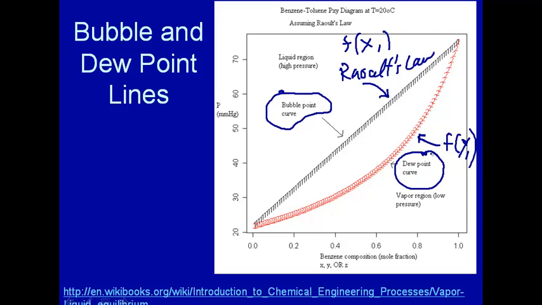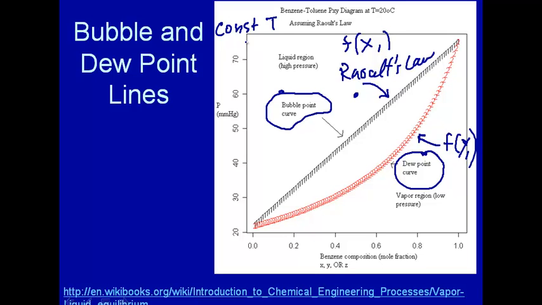All right, so let's see what happens if we start here, right up here. And remember that we're assuming we have constant temperature. So remember, for a two-component system, we have 3 degrees of freedom.